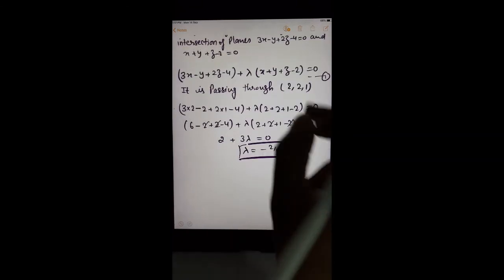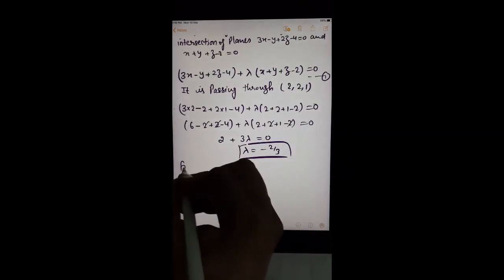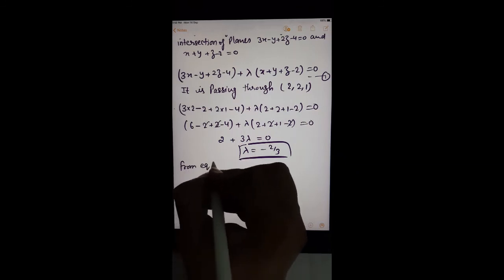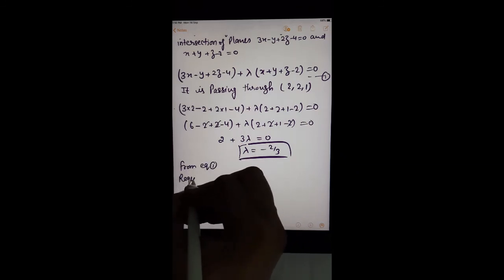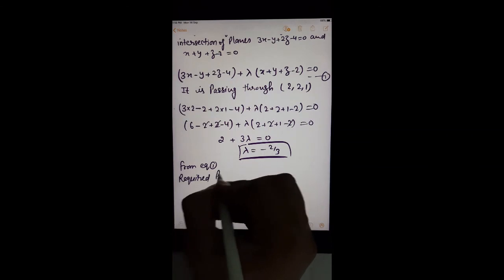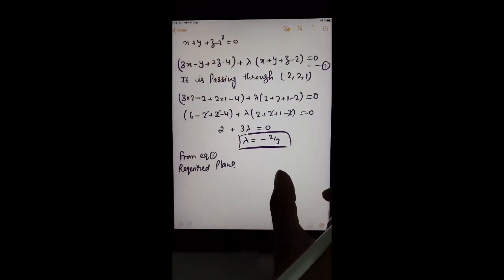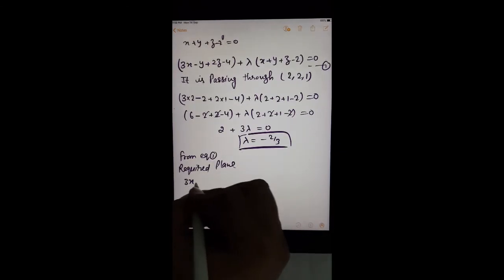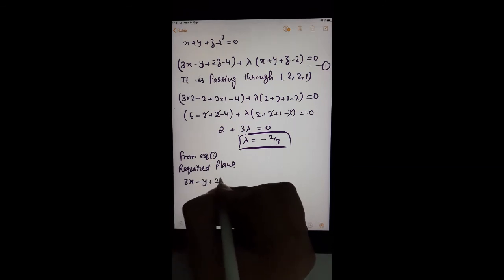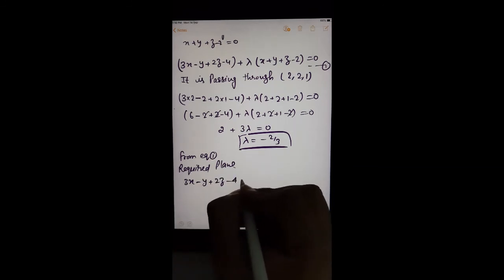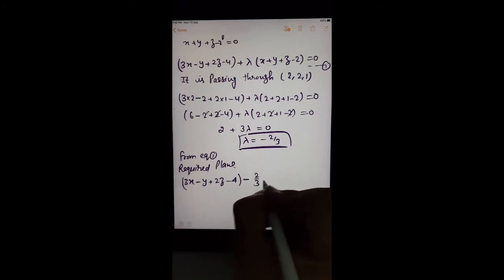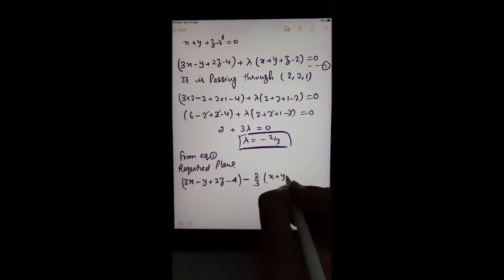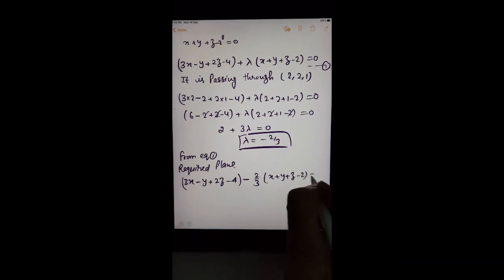So lambda is equal to -2 upon 3. So place this value in equation 1. So from equation 1, the required plane is 3x minus y plus 2z minus 4, and the value of lambda is -2 by 3, times (x plus y plus z minus 2) equal to 0.